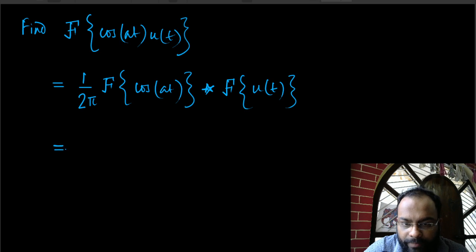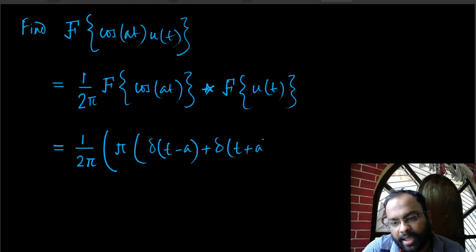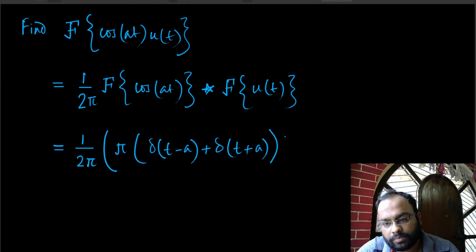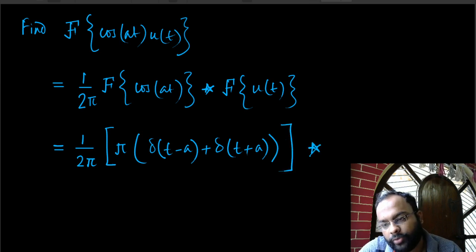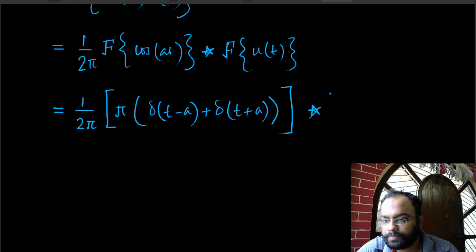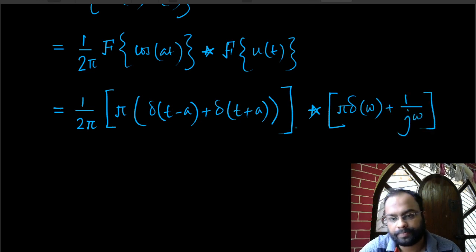Since I have delta, this convolution is going to be quite hassle-free. So I have this integration here, and what is the Fourier transform here? That's pi times delta omega minus a plus delta omega plus a, convolved with pi delta omega plus 1 by j omega.